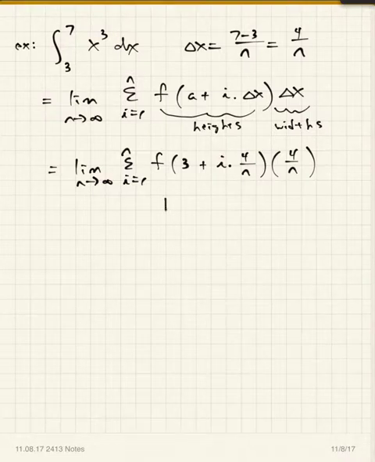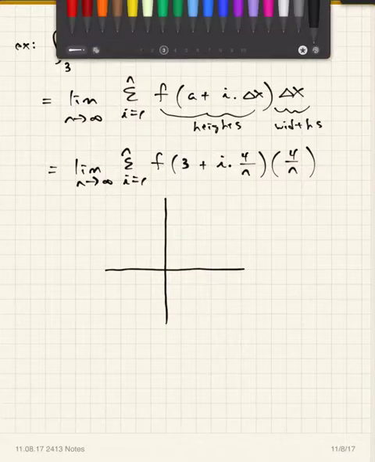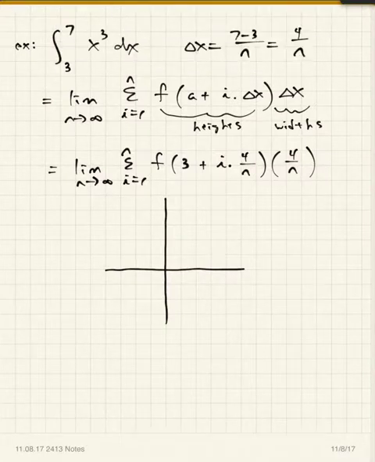On a graph, what we're trying to do is get an area, and I'm really kind of changing the scale on this picture, but here is our cube function. What we're doing is calculating the area between 3 and 7, underneath this curve right here.